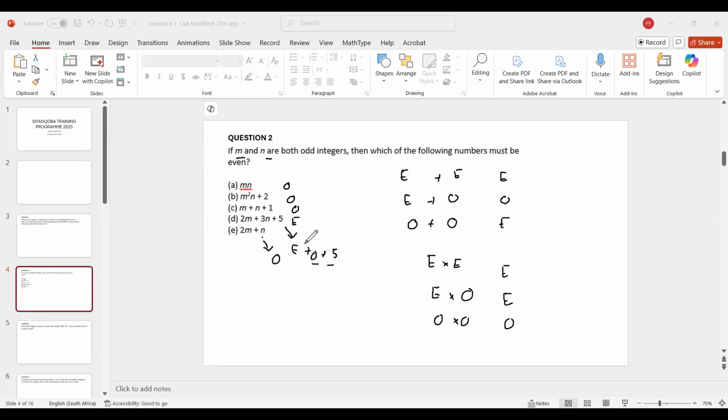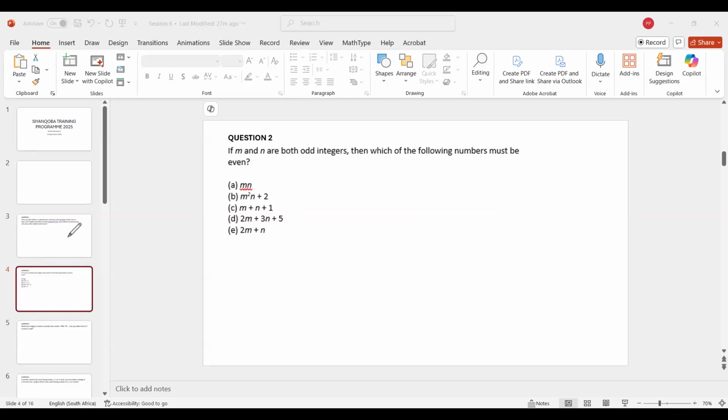This is just to give you a quick practice as to how odd numbers and even numbers work. You know most of these things, but I'm just recalling this for you. Because now you have symbols, and we know that m and n are both odd, we have to think of it in symbols rather than special numbers.